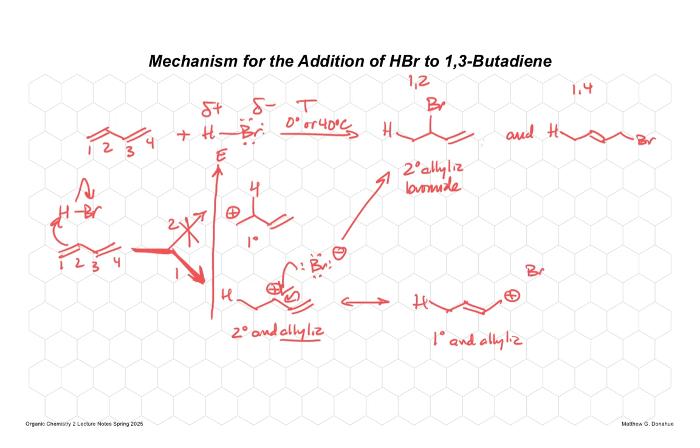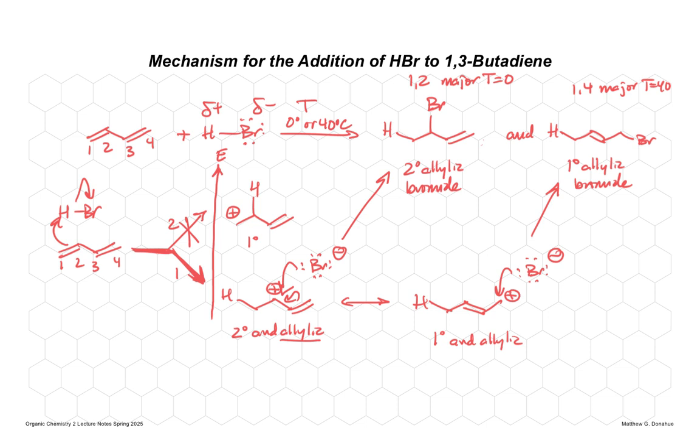The same thing, we still have the bromide anion floating around that will trap that, and this will go to the major as 1,4 to give primary allylic bromide. And so we'll say major at T equals 0, major at T equals 40.